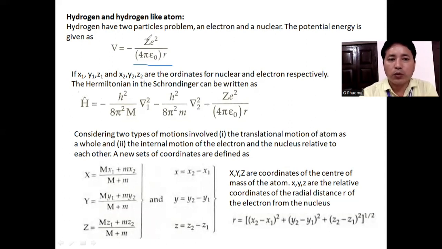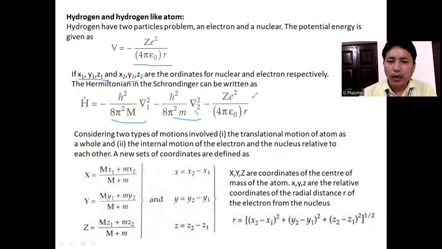So if you say x1, y1, z1 and x2, y2, z2 are for the electron and the nucleus, then the Hamiltonian will have two parts of kinetic energy, one is this del one part, another is this del two part, and then this is the potential part.